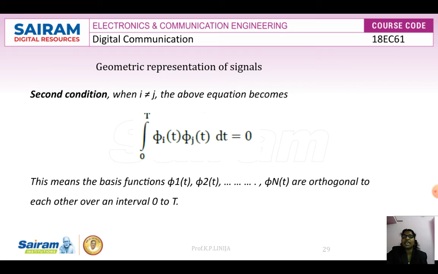This means that the basis functions phi 1 of t, phi 2 of t up to phi n of t are orthogonal to each other over the interval 0 to T. So two conditions: when i is equal to j, the integral 0 to T phi i of t into phi i of t dt is equal to 1. Whenever i is not equal to j, it will be equal to 0. So the limit is 0 to T.